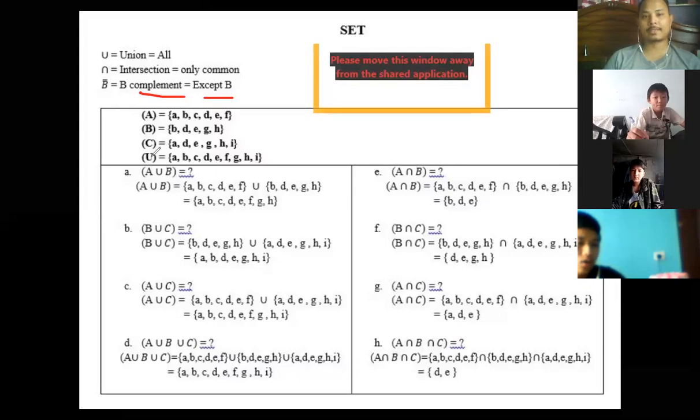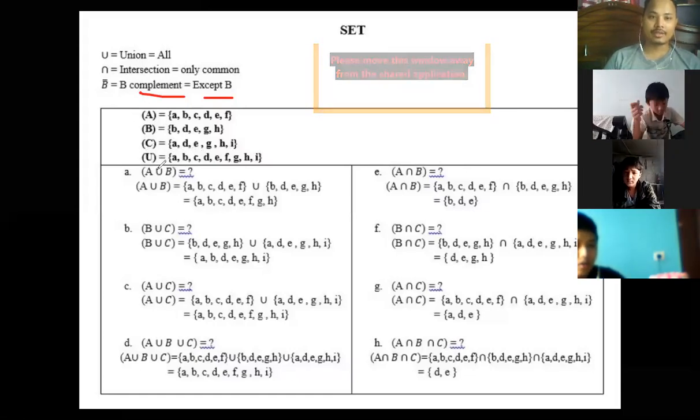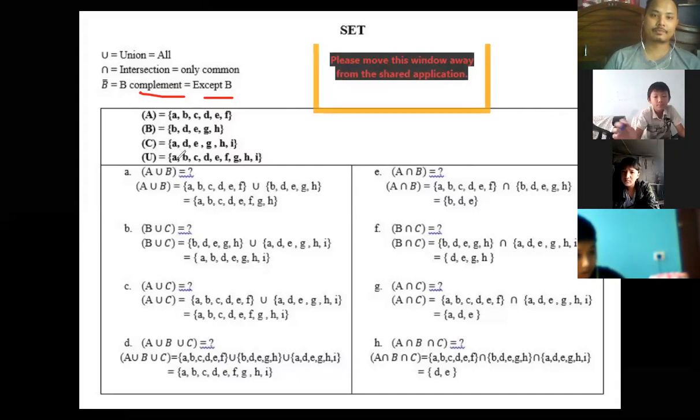Whatever number is there in A, in B, in C, and sometimes there are some extra numbers also. So this is the universal set, and the U used in between two sets is called union. This is called universal set. Correct?